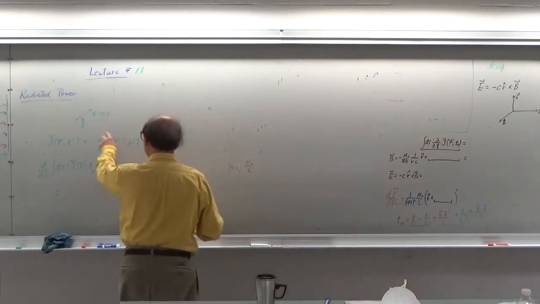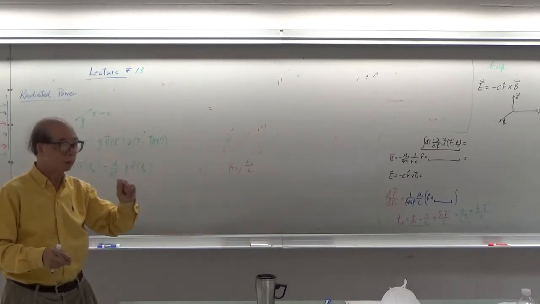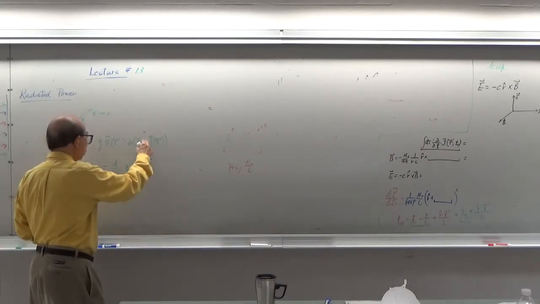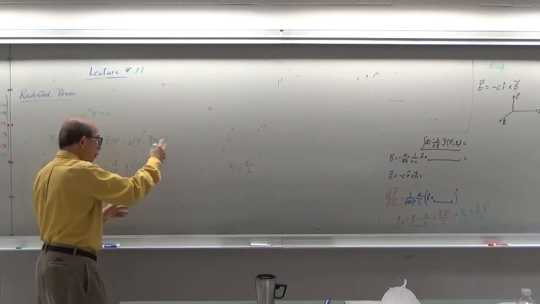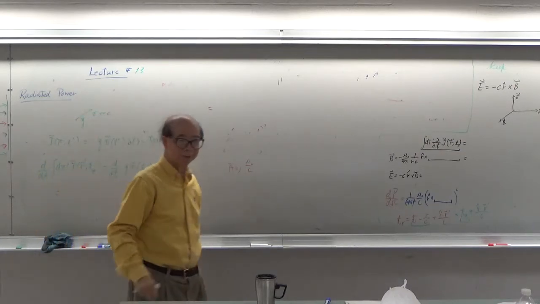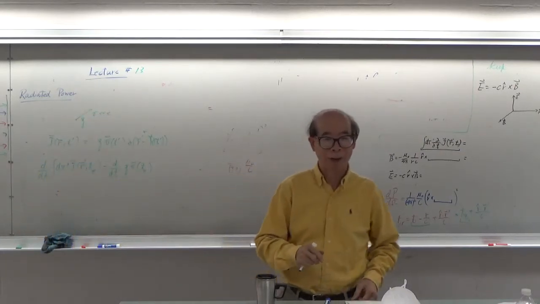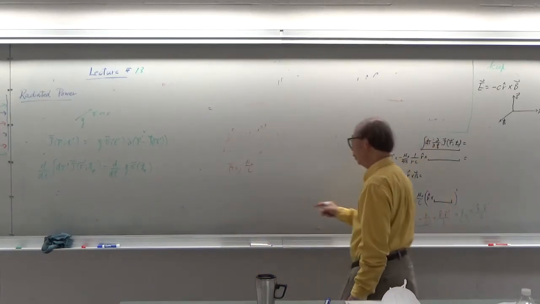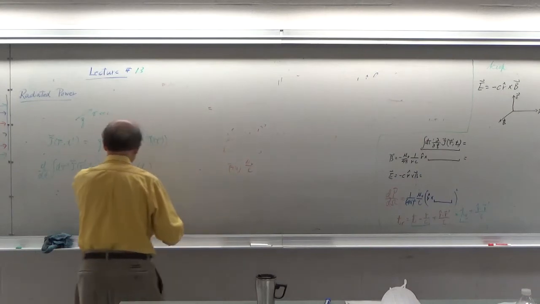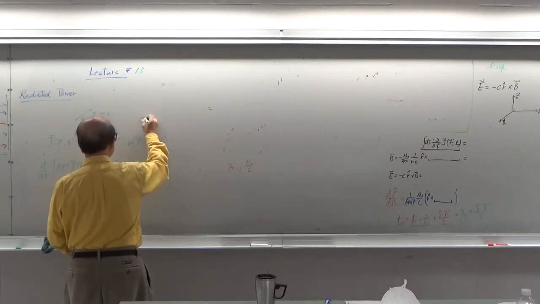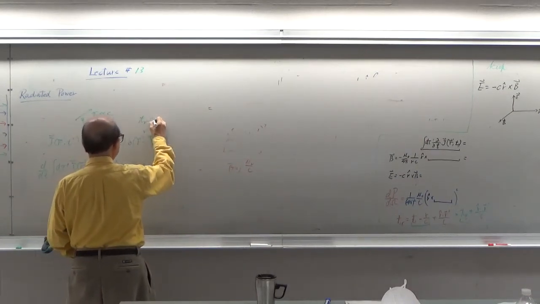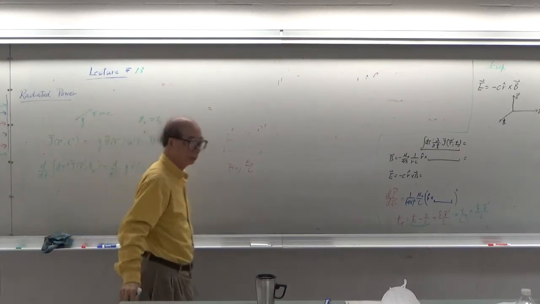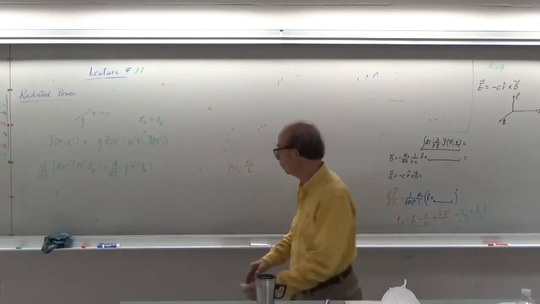Since we're talking about a slowly moving particle, its location will be confined. It cannot move too far away. So this term is small, so that I can approximate the retarded time by just the emission time. All right? Good?